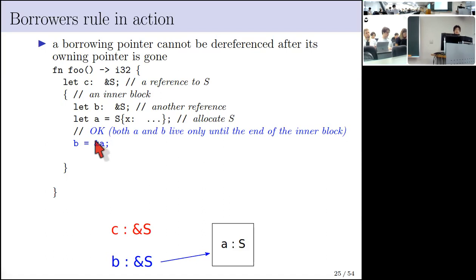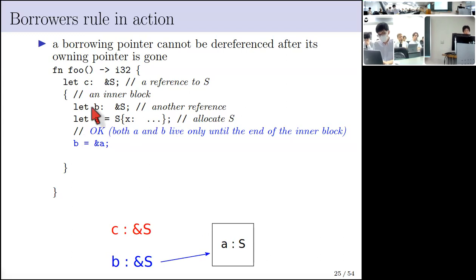Well, it appears to be safe because you declare this A variable, an owning pointer, in this scope, which means that if you do not do anything particular after this, this data structure is going to be reclaimed at the end of this inner block. This is where the data structure is going to be released.